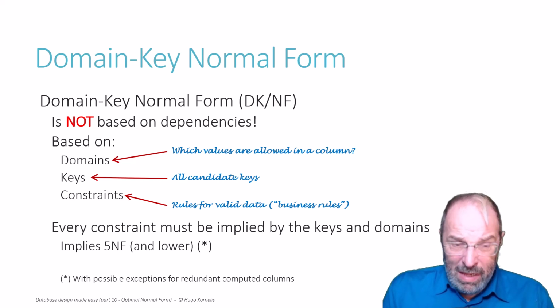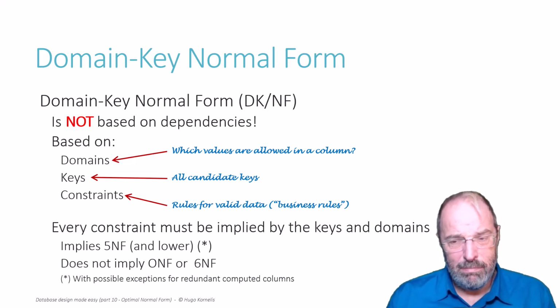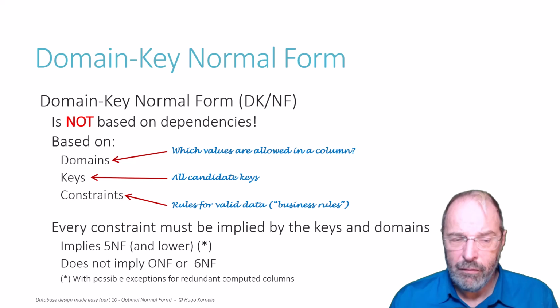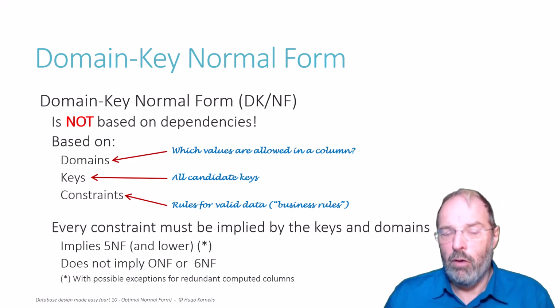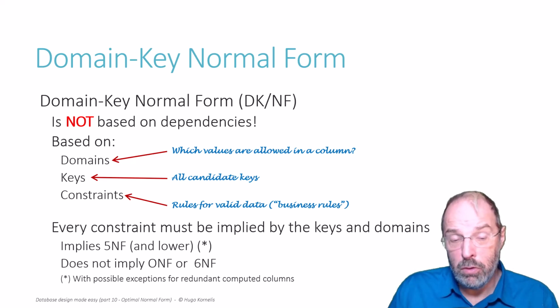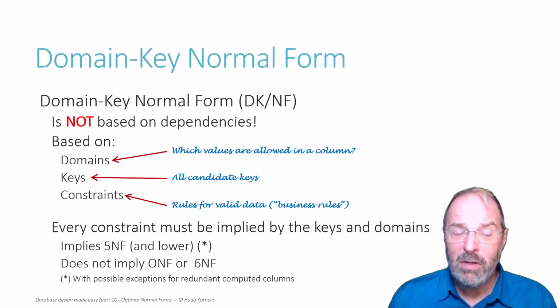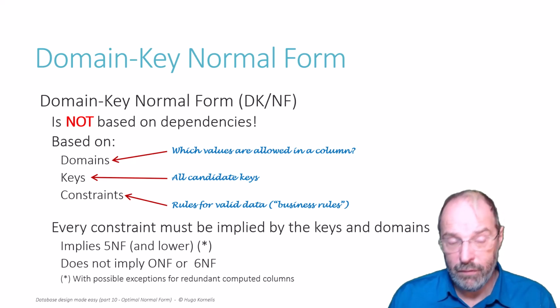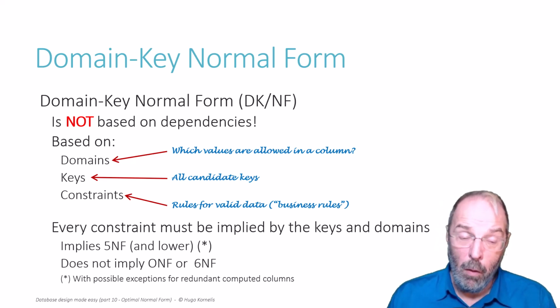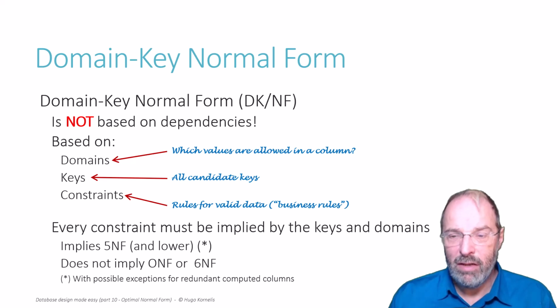Now, domain key normal form does not imply optimal normal form or sixth normal form. And that makes sense. Remember, the difference between fifth normal form on the one side and optimal and sixth normal form on the other side is how you deal with join dependencies that are implied by a key. And we saw that there is no difference between fifth normal form and optimal or sixth normal form if you look at what business rules are protected by the database.